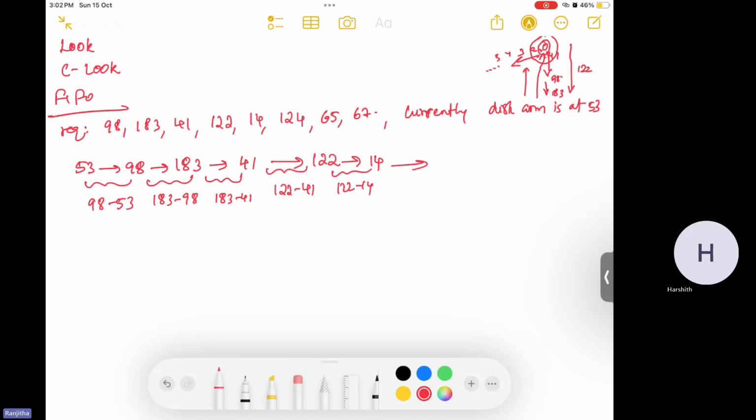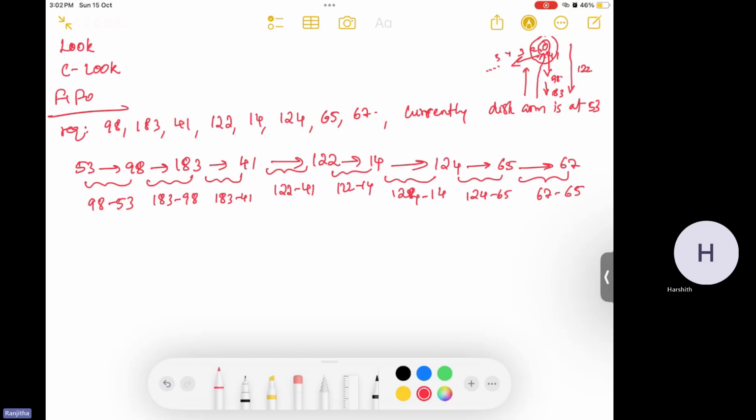And from 14, it goes to 124, then 65, followed by 67. So that is 124 minus 14, this is 124 minus 65, and this is 67 minus 65.